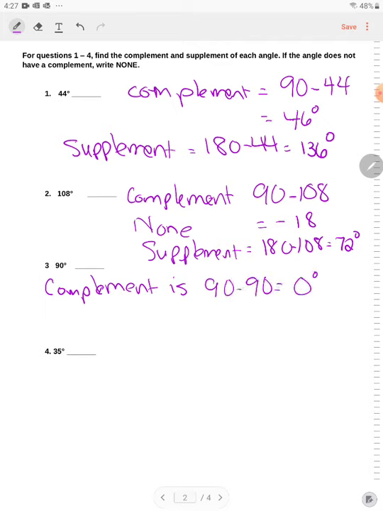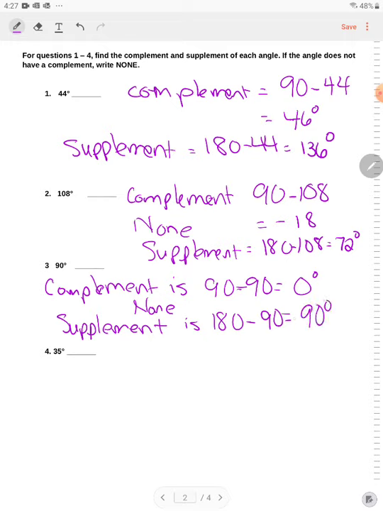And we cannot have a 0 degree angle. So again, we're going to say none. And your supplement is 180 minus 90, which is 90 degrees.